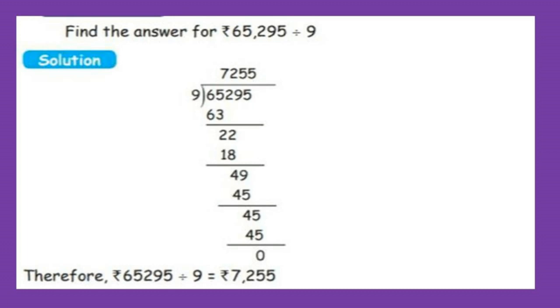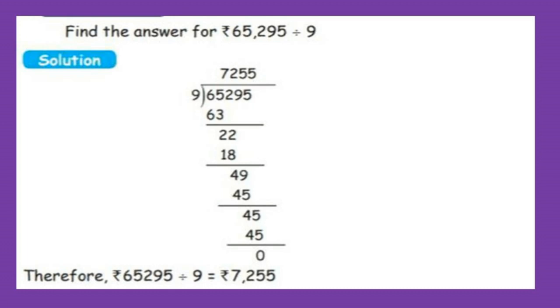So 22 is there. 9 twos are 18. If you subtract 18 from 22, you will get the answer 4. The next number, that is 9, we have to bring down. So you will get 49. 9 fives are 45.